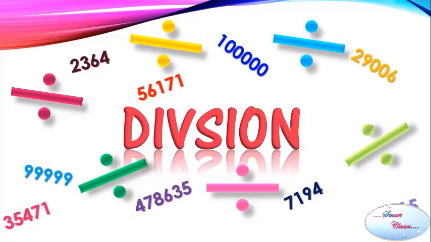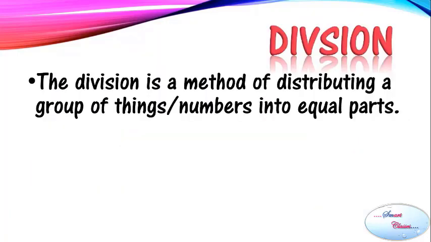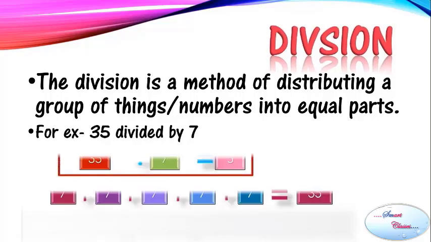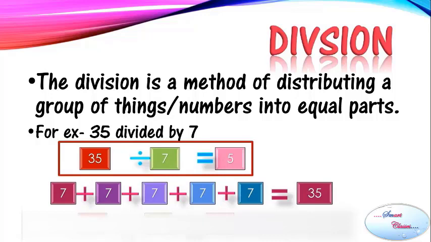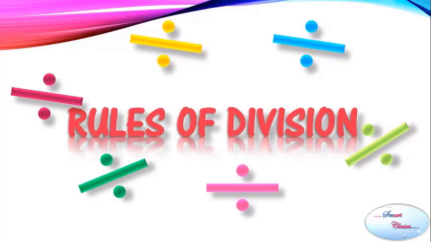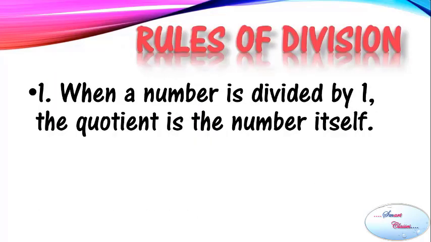What is division? Division is a method of distributing a group of things or numbers into equal parts. For example, 35 divided by 7. It will give us 5, which also means that 5 times 7 is equal to 35.